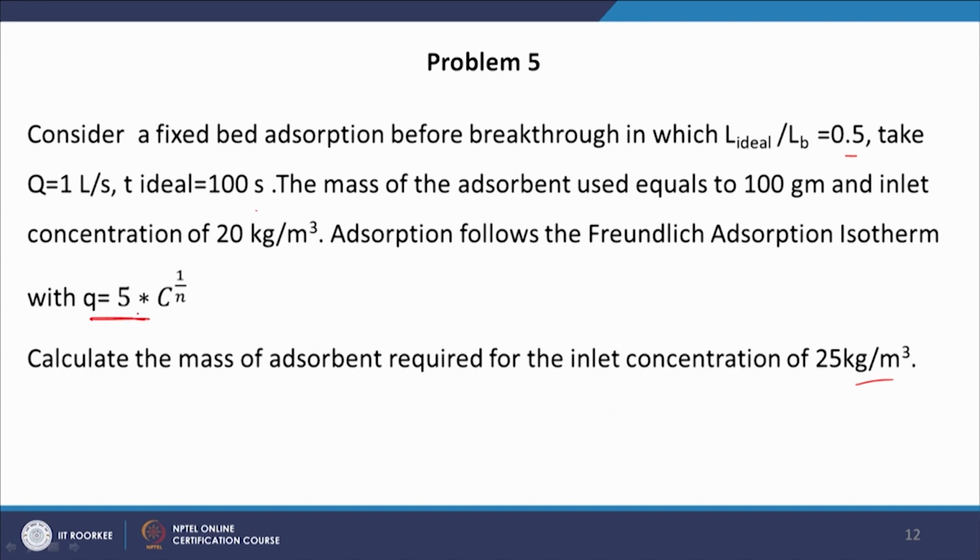So, by doing the mass balance we can calculate the value of n, that is the Freundlich isotherm constant for the first case, and for the second case we will be using that n value to calculate the q, and then we will be doing the mass balance and we will get the desired values, the mass of adsorbent required for the inlet concentration of 25 kg per meter cube. Okay. So, this way we will proceed.